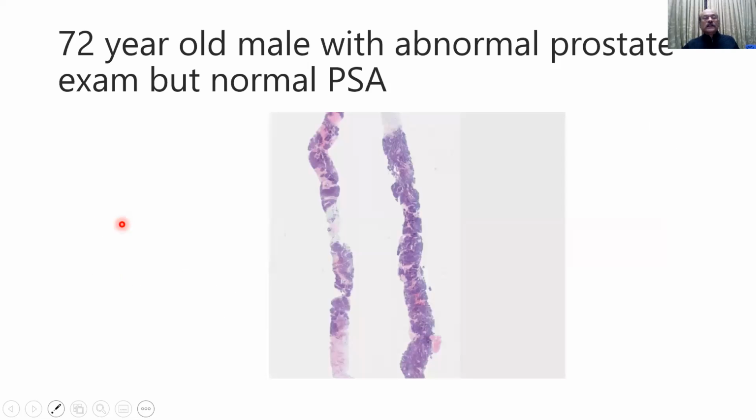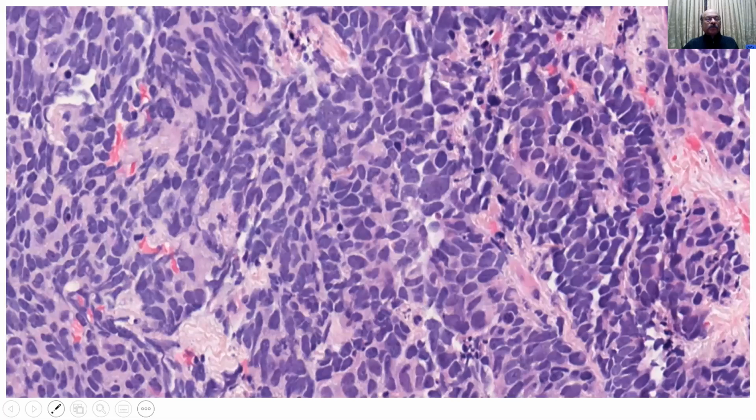Now this is another case, a 72-year-old male with abnormal prostate but normal PSA. This is the needle biopsy sample. Here you see the hyperchromatic cells.